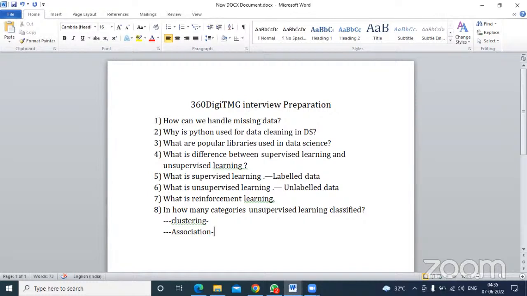Very good. Those who are replying, others, please be active on the chat box. Yes, what is clustering and what is association?